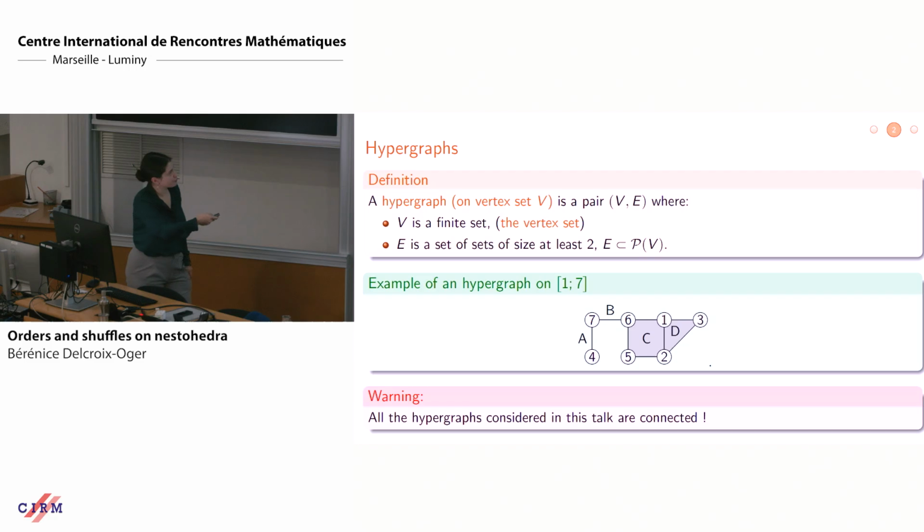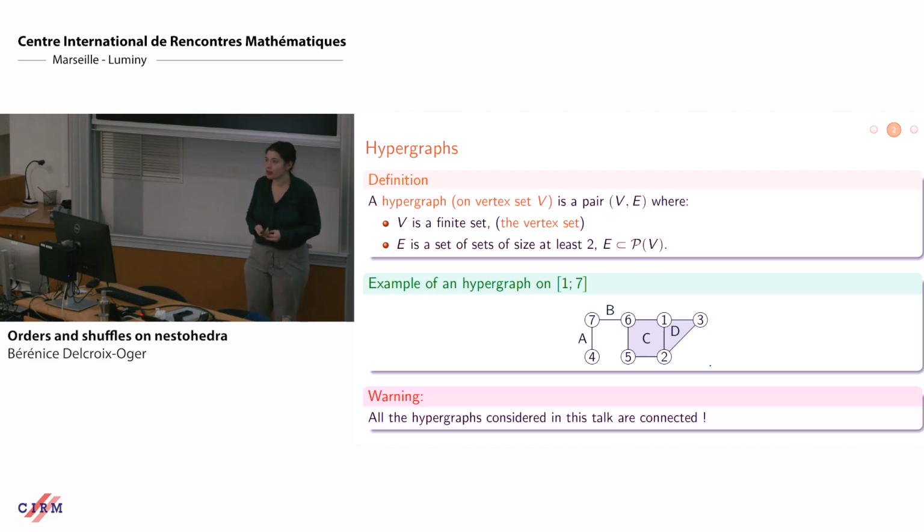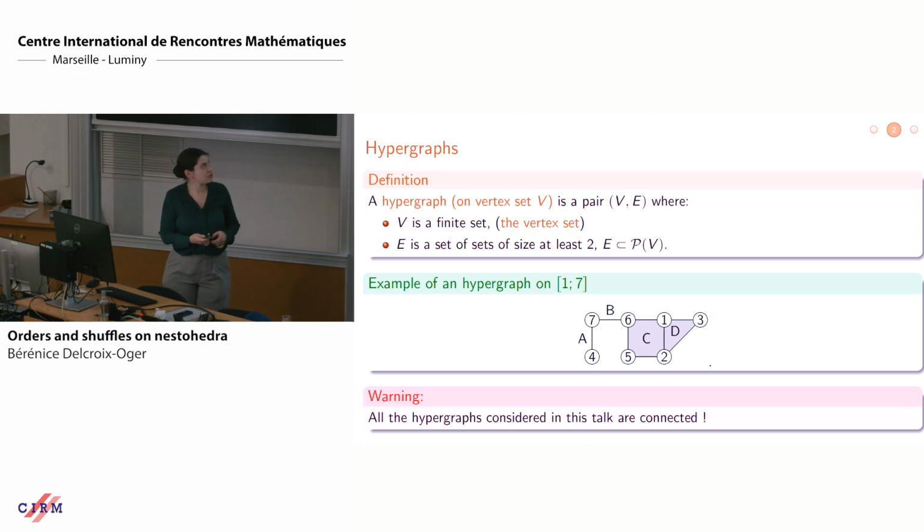Okay. So the description of nestohedra that I use is not the one of Postnikov, it's rather the one of Dojan and Petrich in terms of hypergraph polytopes, that you would call hypergraph associahedra. So consider a hypergraph. What is a hypergraph?